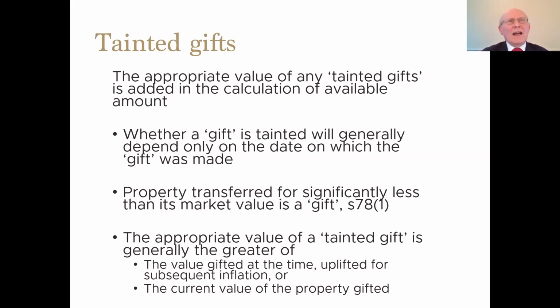So if I've got a £10,000 car, I give it to my daughter or sell it to my daughter today for £5,000, and then 3 or 4 years down the road, I am convicted of an offence, I'm subject to confiscation, and this is picked up as a tainted gift made after the relevant day.